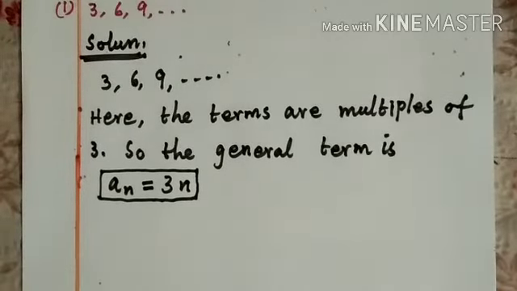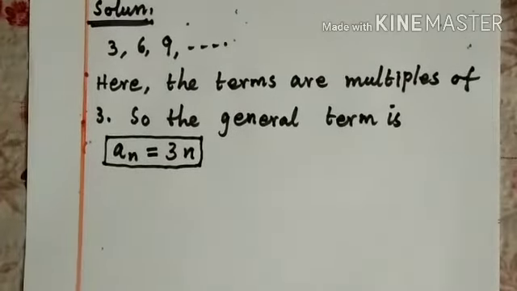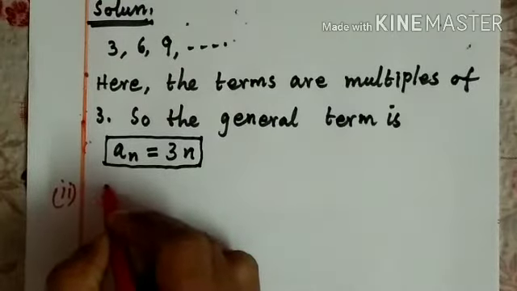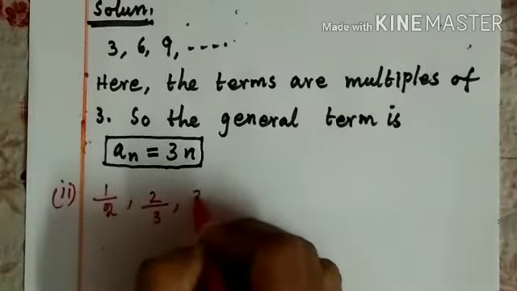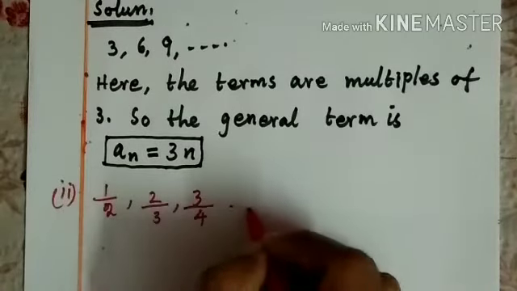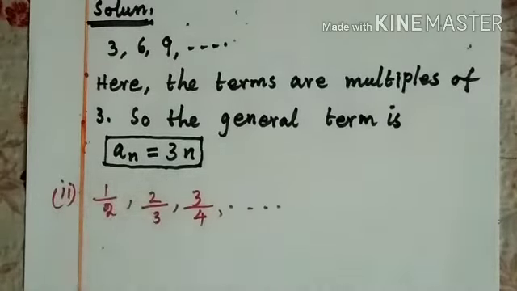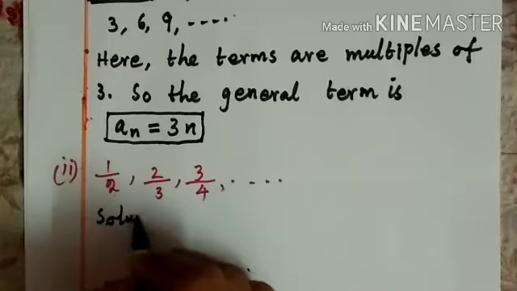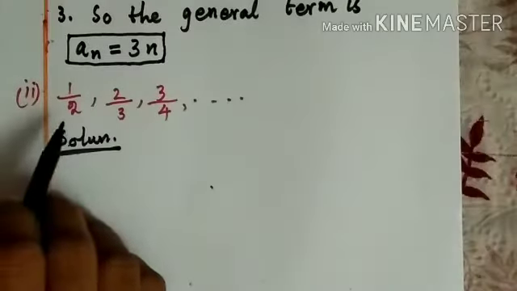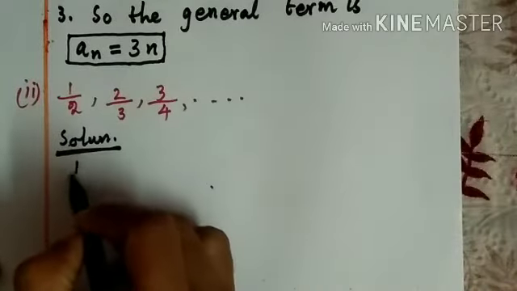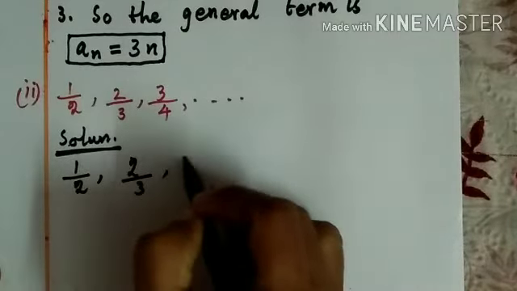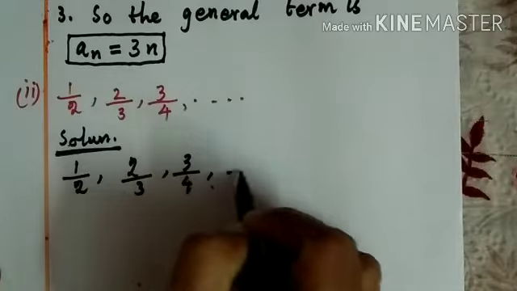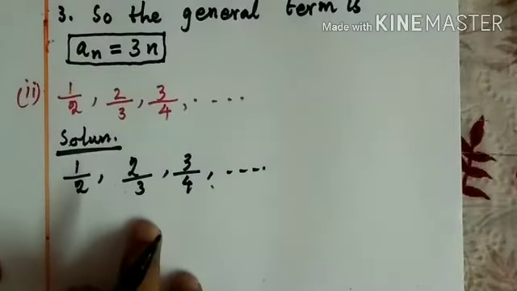This is the answer for the first subdivision. Now we move on to the second subdivision, that is 1 by 2, 2 by 3, 3 by 4 and so on. Let us do the solution. In solution, first you write down the given sequence, 1 by 2, 2 by 3, 3 by 4. Now you have to observe this sequence.